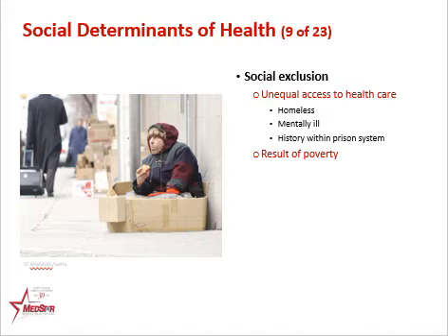Social exclusion can also be the result of absolute or relative poverty. Absolute poverty is the lack of basic material necessities for life, including healthcare. Relative poverty is an example of folks living on less than 60% of the national median income.